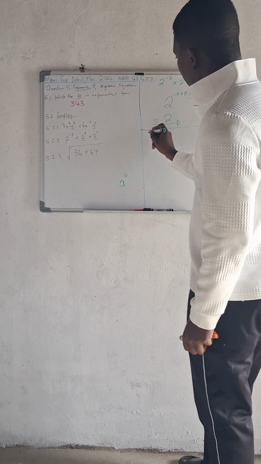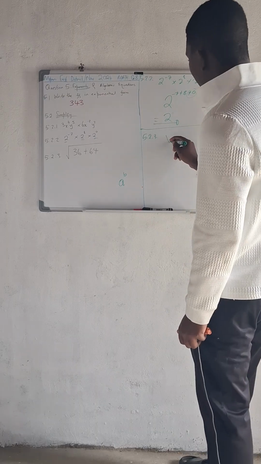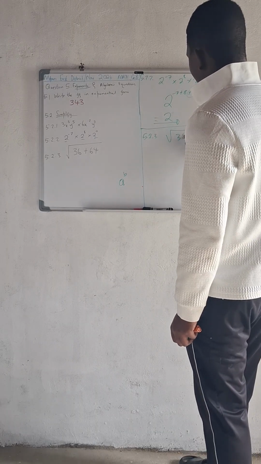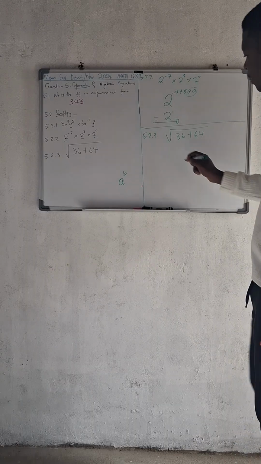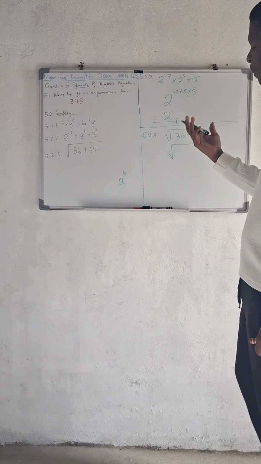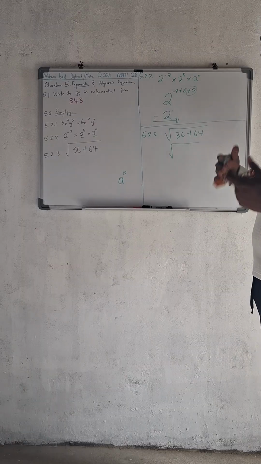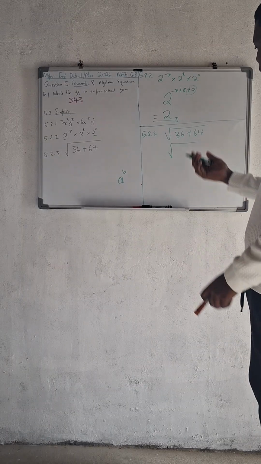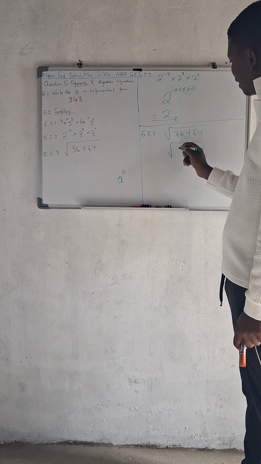So our 5.2.3, you have the square root of 36 plus 64. I always advise learners to treat a square root like a bracket. So solve what is inside this bracket. What is 36 plus 64? 3 plus 6 is what?